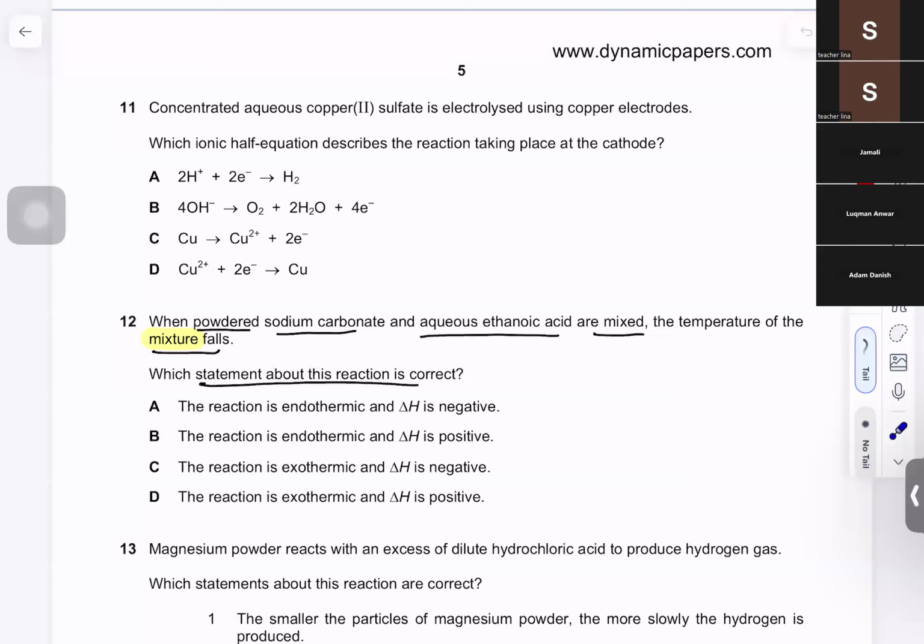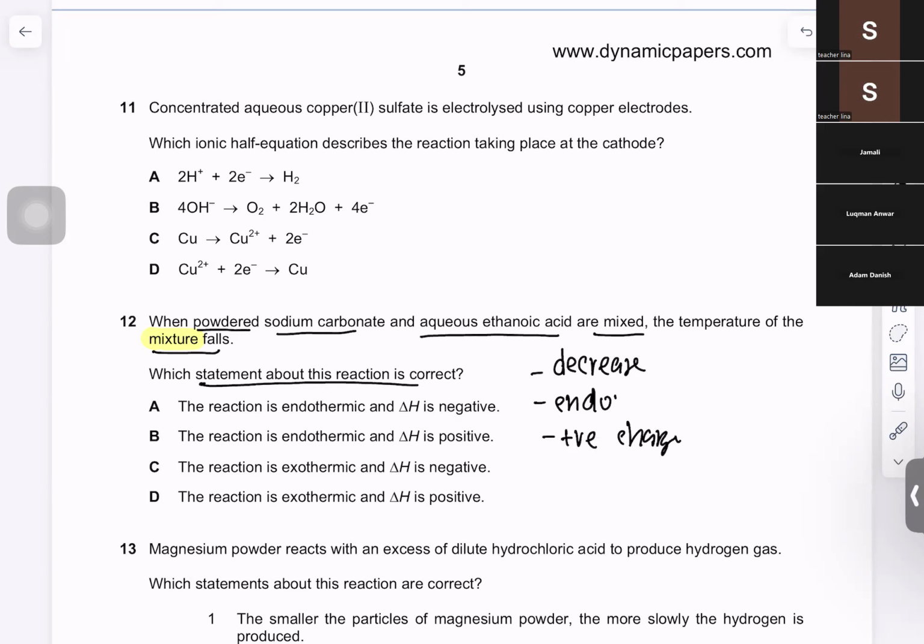So when the powder sodium carbonate and aqueous ethanoic acid are mixed, the temperature of the mixture will fall. If the temperature of the mixture falls, that means it decreases, so it involves endo. Endo will be positive. Okay, up to there. Is it clear?